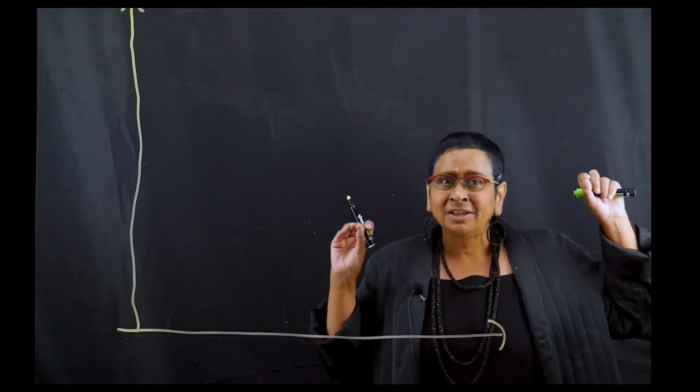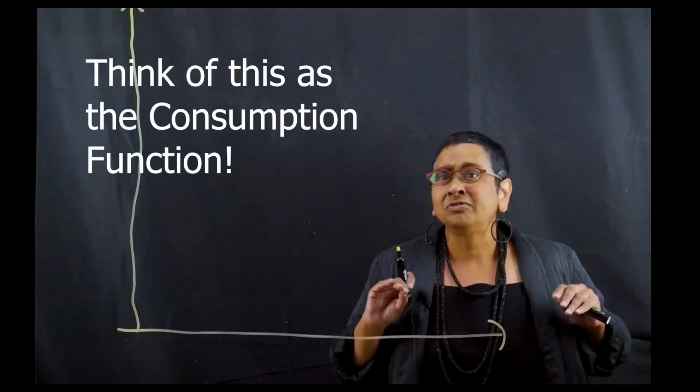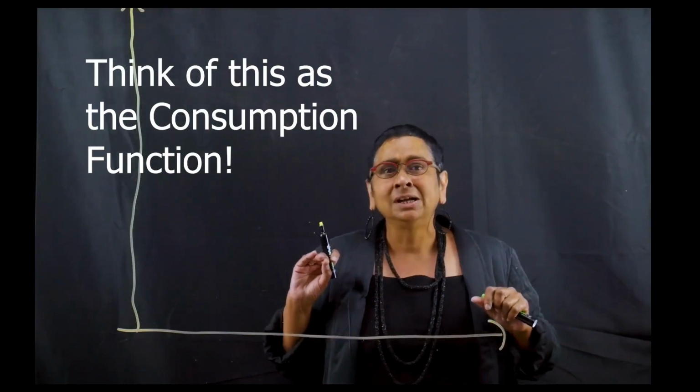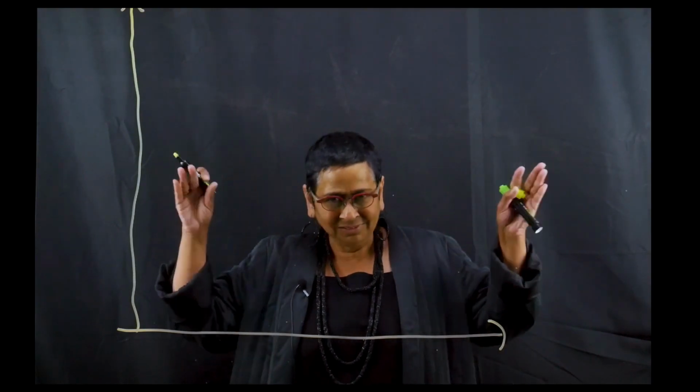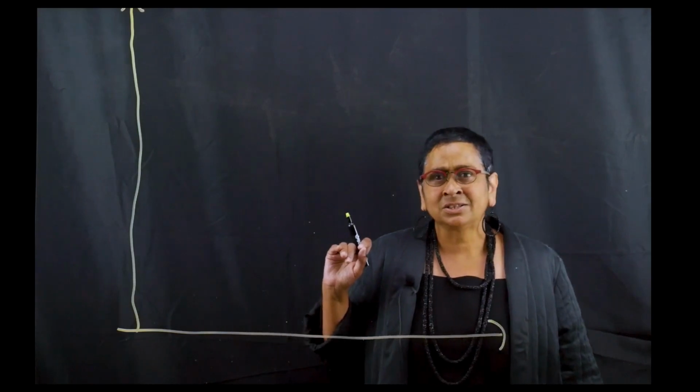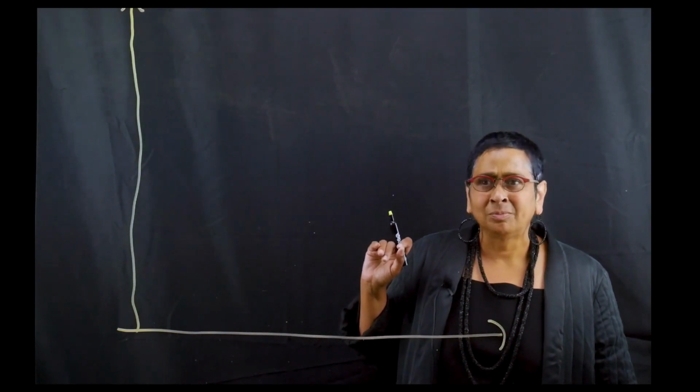So instead of thinking of this as the demand function, think of this as the consumption function, which will help you remember something. Unlike all of those supply-demand graphs that you encountered, this one was a graph developed subsequent to Keynes. It's not following the original Marshallian formulation.